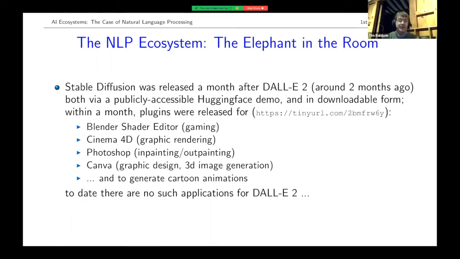And so the list goes on. Because it's been released into the public domain in downloadable form. Whereas for DALL-E 2, there's nothing. You don't have all of these innovative applications that are built on top of it because you can't access it as a standalone model. You can only play around with it in very limited means via the API or through the web interface.